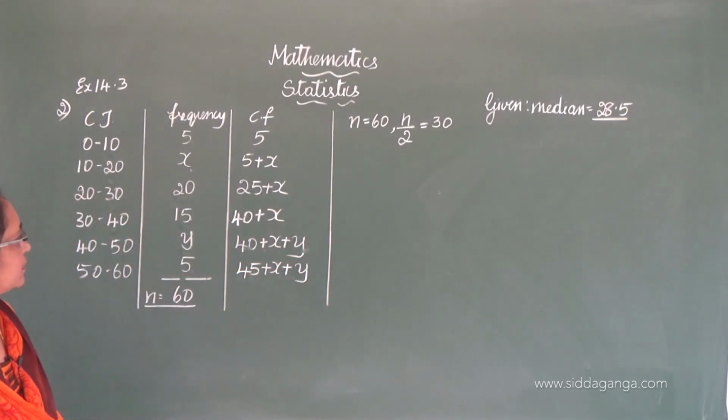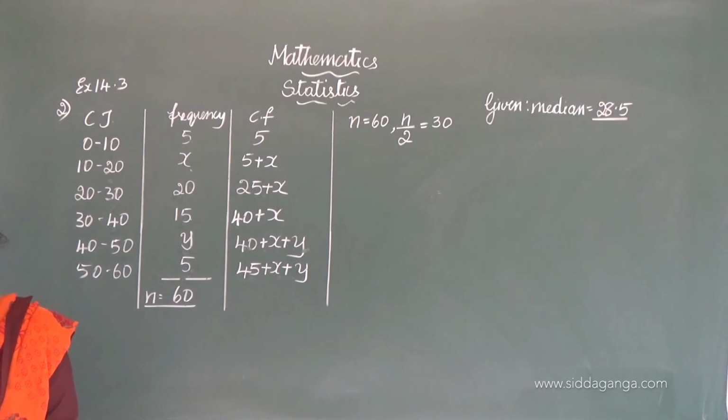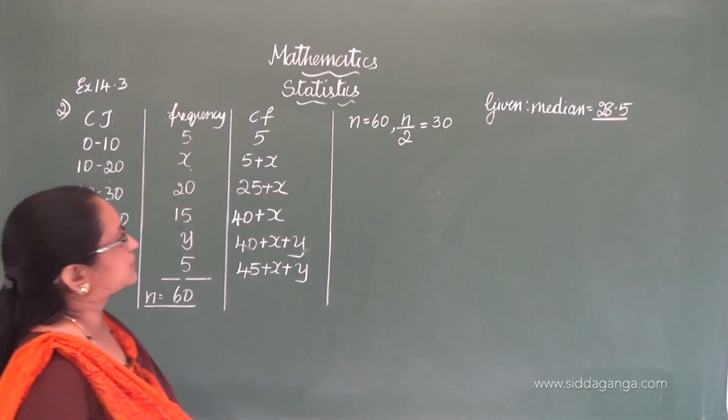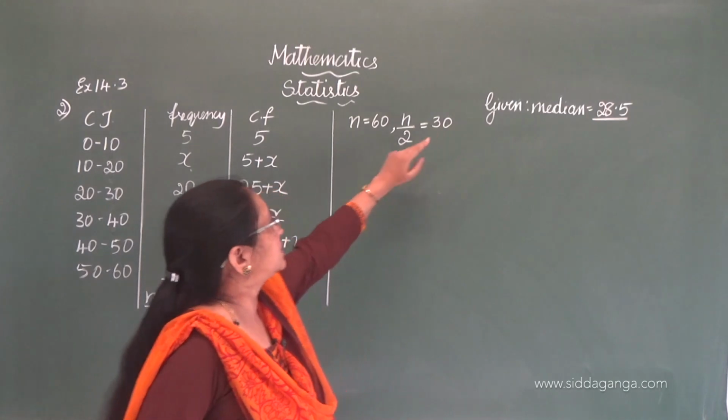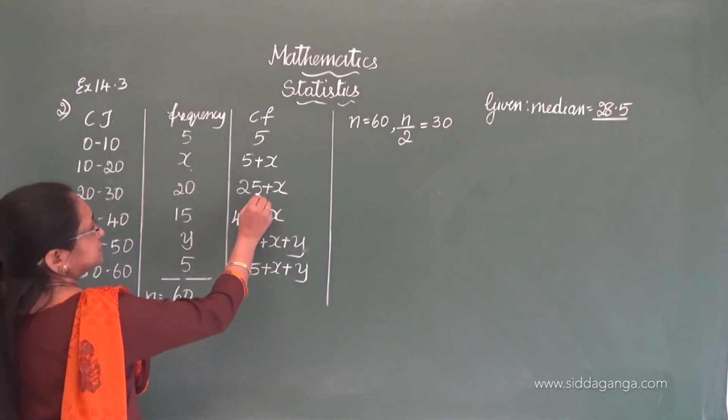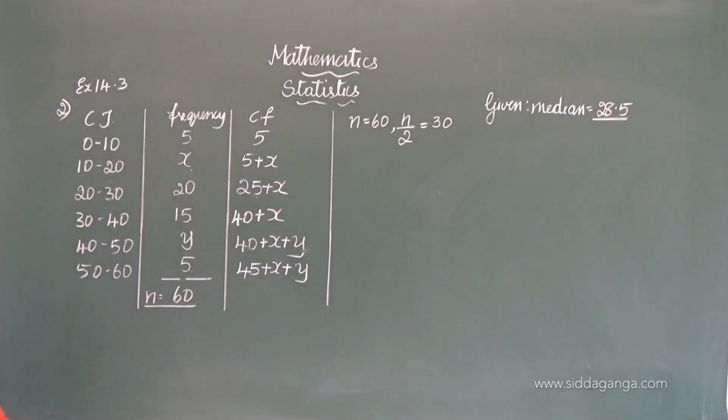So just see where you can find a cumulative frequency a little greater than 30. So greater than 30 means definitely you can see this cumulative frequency, that is 25 plus x.